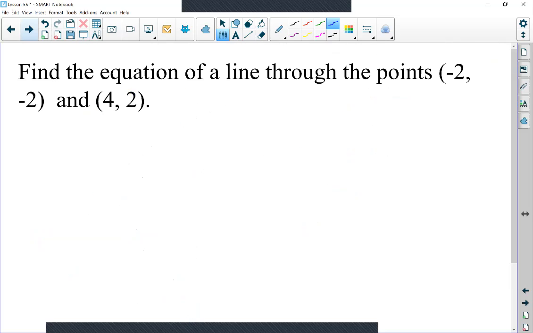All right. How about this one? Find the equation of a line through the points negative 2, 4, and 2.